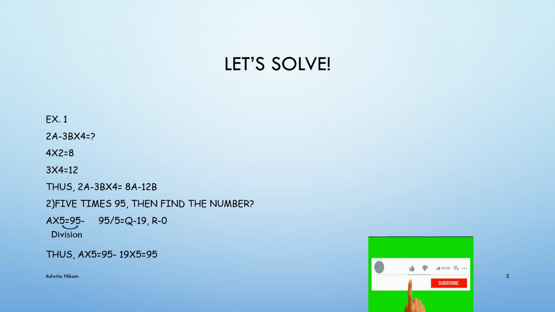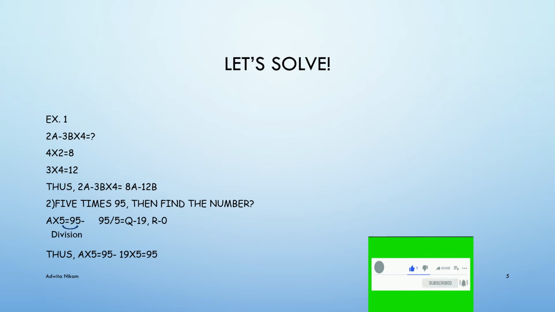Now let's solve exercise 1. So, what are the questions? I have given you some questions here. Okay, so 2A minus 3B, multiplied by 4, is equal to dash. Sometimes we get this type of question, sometimes we get other questions.